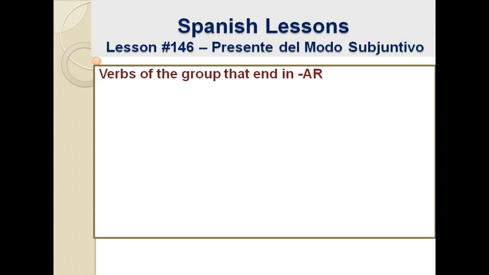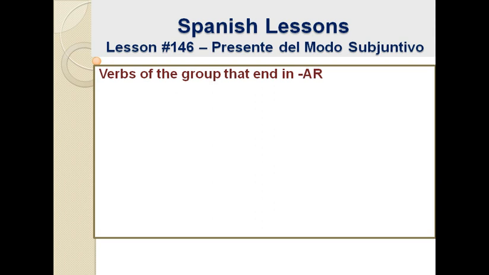For example, expected or desired situations, or possible or hypothetical scenarios. Okay? So Spanish verbs, as you well know, are divided into 3 big categories, right? The verbs that end with the letters AR, the verbs that end with the letters ER, and the verbs that end with the letters IR.